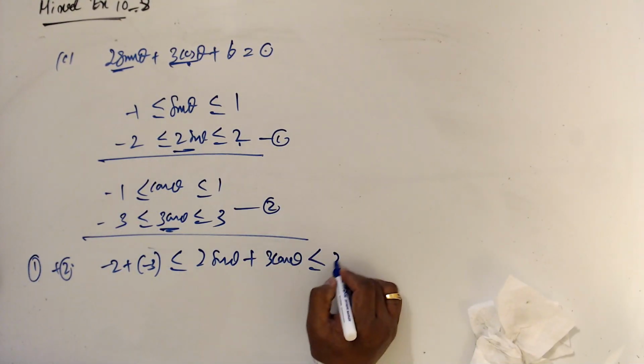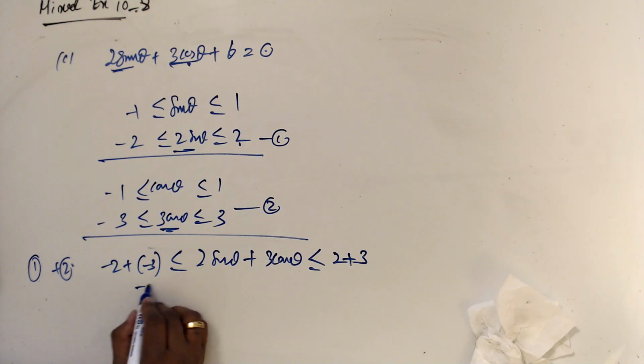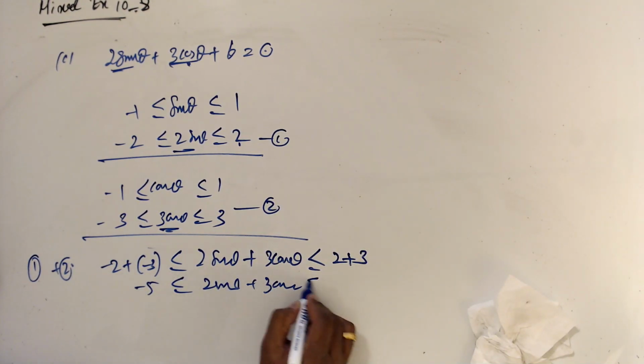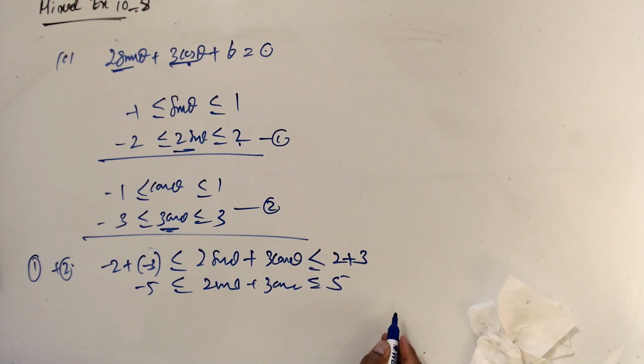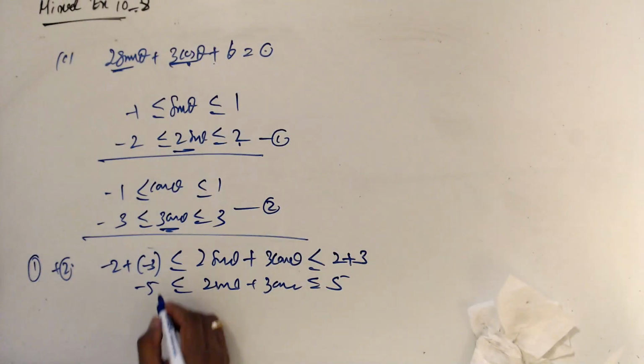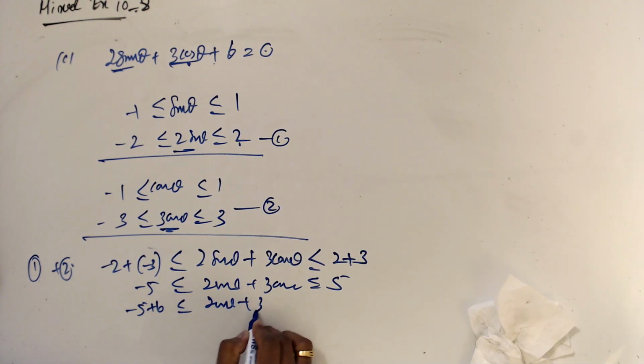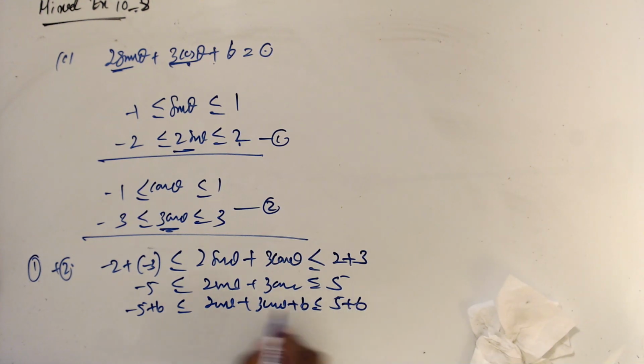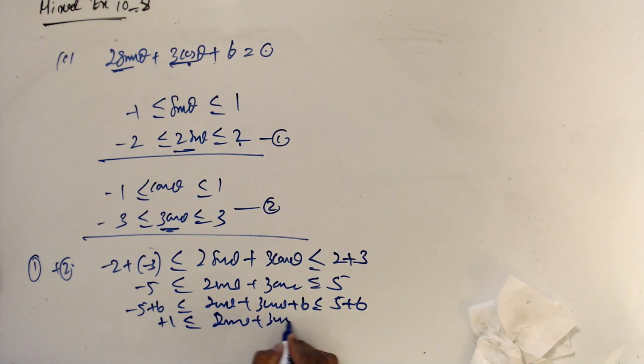I add the two inequalities together. Minus 2 plus minus 3 is minus 5, and 2 plus 3 is 5. So 2 sine theta plus 3 cos theta is between minus 5 and 5. Now I need to add 6. So minus 5 plus 6 is positive 1, and 5 plus 6 is 11. So 2 sine theta plus 3 cos theta plus 6 is between 1 and 11.